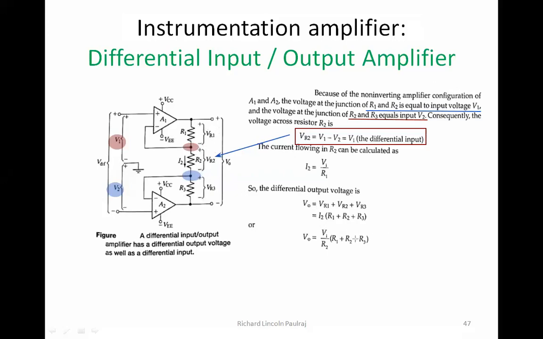So ultimately, since V is equal to IR, V naught is equal to I2 into (R1 plus R2 plus R3). Or I can also put it as V naught is equal to VI by R2, because I2 is equal to VI by R1. I substitute I2 and I get this formula.